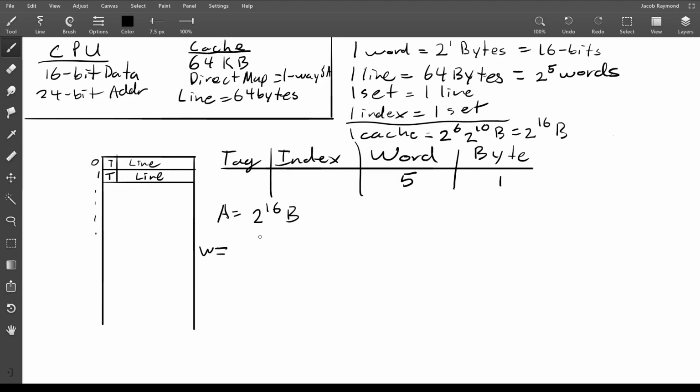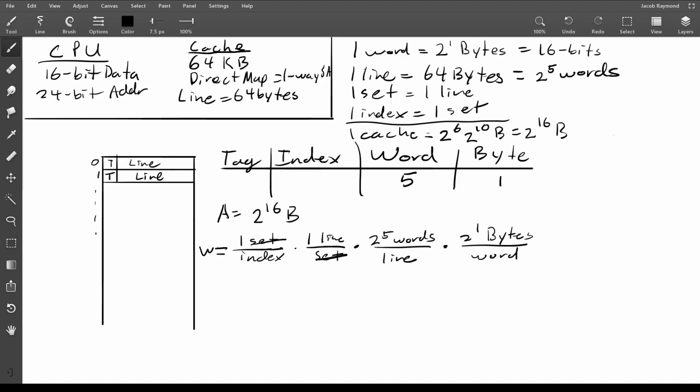Our width is going to be, well, we have 1 set per index times 1 line per set times 2 to the power of 5 words per line times 2 to the power of 1 bytes per word. Right, so again, set cancels out with set, line with line, words with word, and we just get bytes per index, and so we will get ultimately 2 to the power of 6 bytes per index.